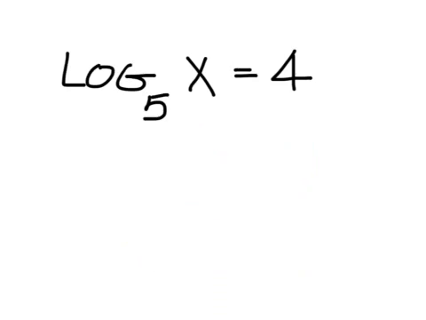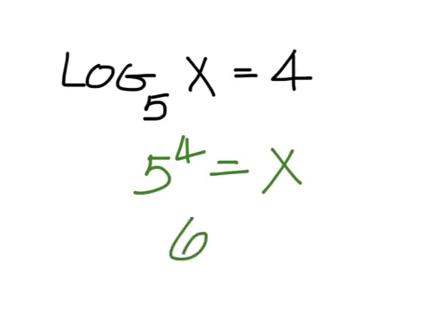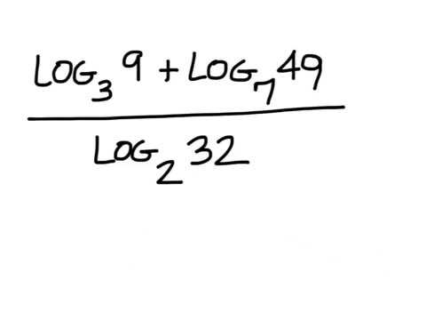Log base 5 of x equals 4. 5 to the fourth power equals x. 625. What would this be? The final answer only. This 3 to some power is 9.